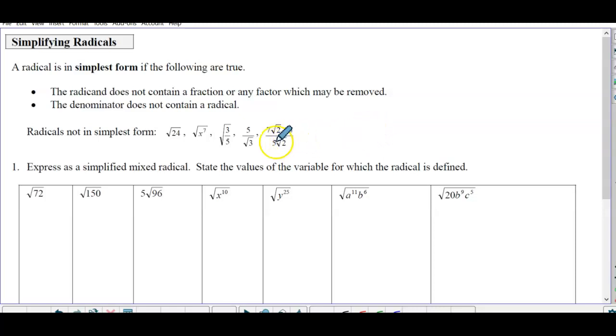So these that have a radical in the denominator, even though it's underneath as a fraction, this is the same as root 3 over root 5. And so you have a radical in the denominator, so that's not in simplest form. We'll learn how to simplify those a little later.